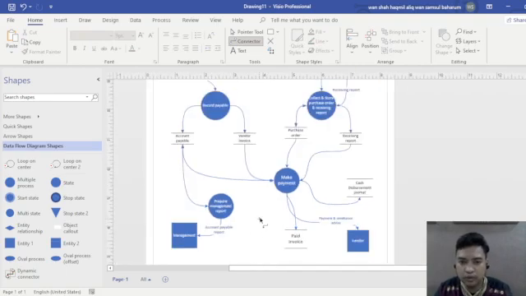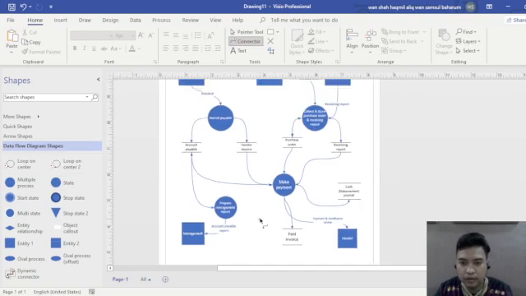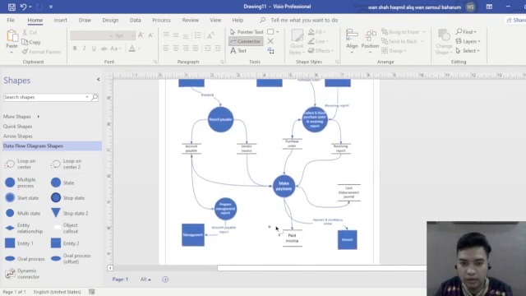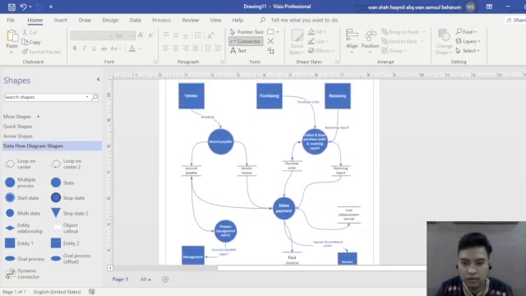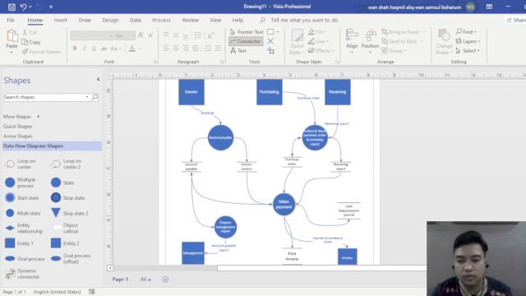So this will be how the level 0 data flow diagram of the SNS account payable looks.